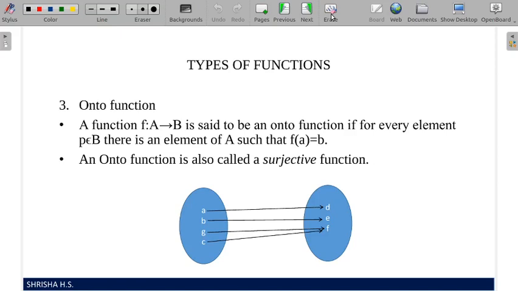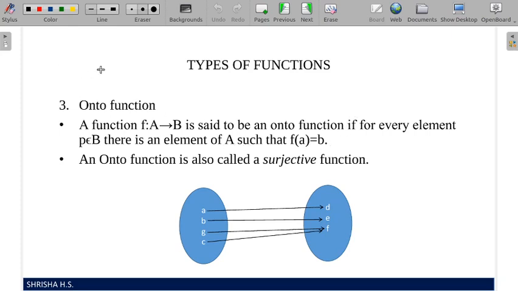The next type of function is an onto function. A function f from A to B is said to be an onto function if for every element in set B, where b represents some arbitrary element in set B, there is an element in set A such that f of a equals b.